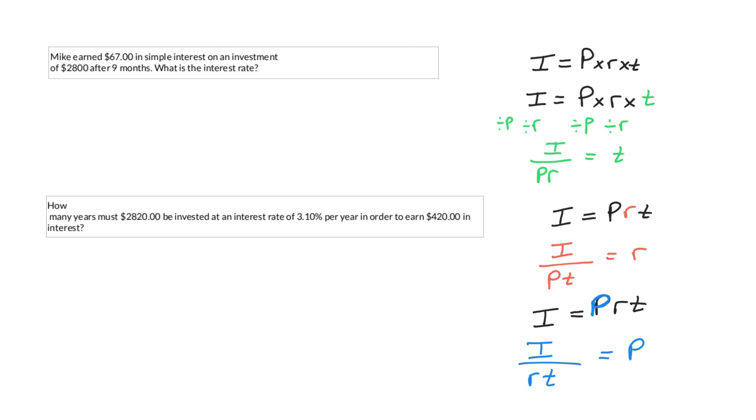It says Mike earned $67 in simple interest on an investment of $2,800 after 9 months. What is the interest rate? So this is saying that I know my interest, I know my principal, I don't know my rate, but I know my time. The interest that he got was $67.